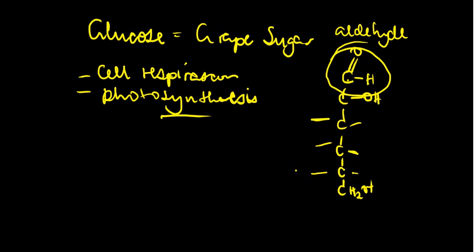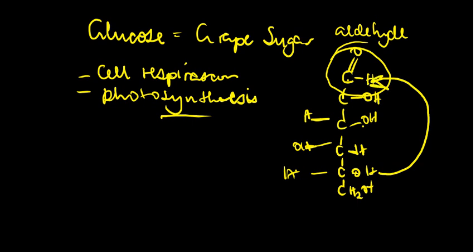So what happens for glucose is that, first, before we write the mechanism, I just want us to see something. What happens for this open chain to become a ring chain? Carbon number 5 is the one that connects with carbon number 1. They will combine.